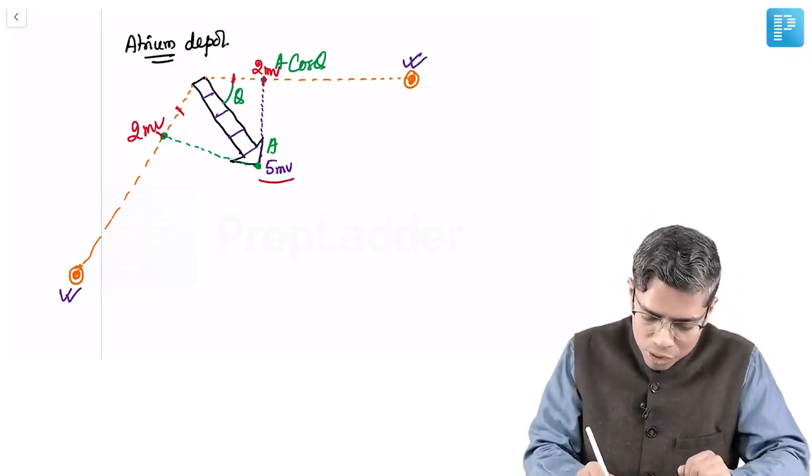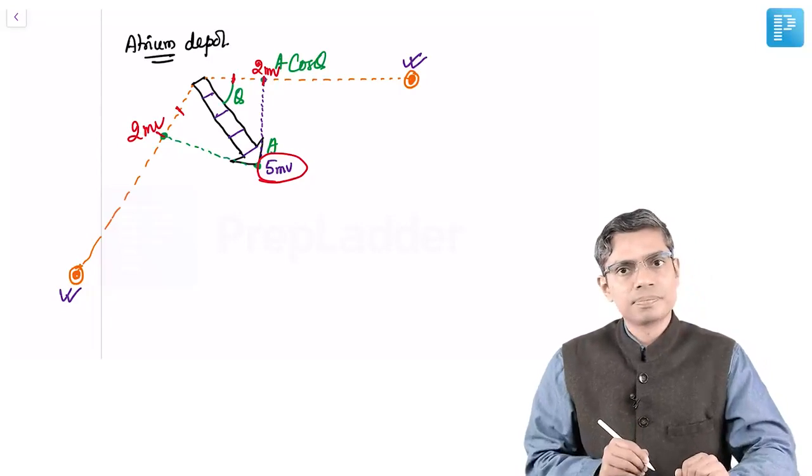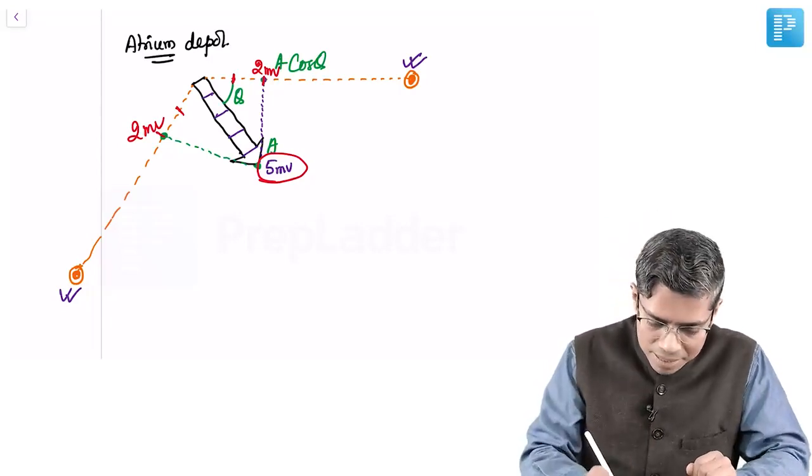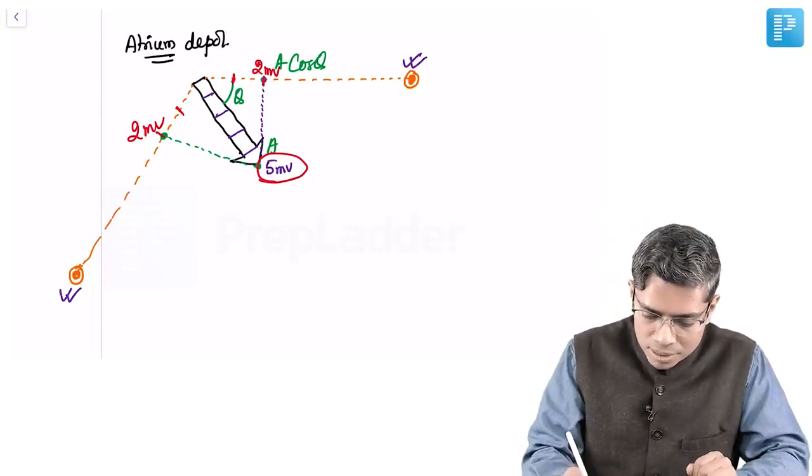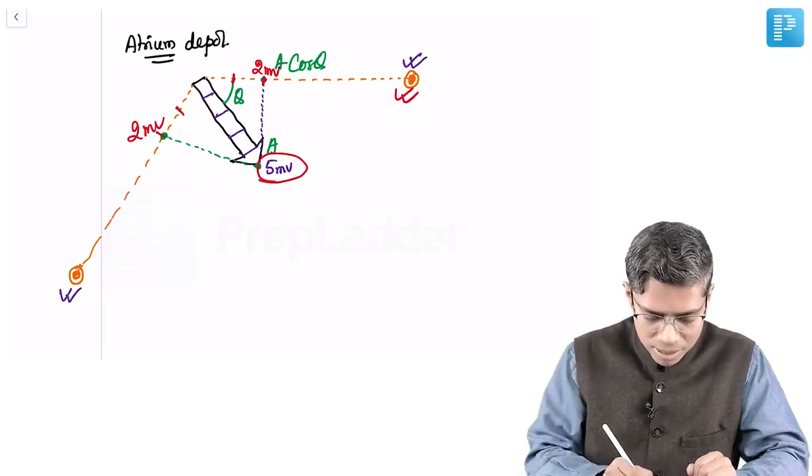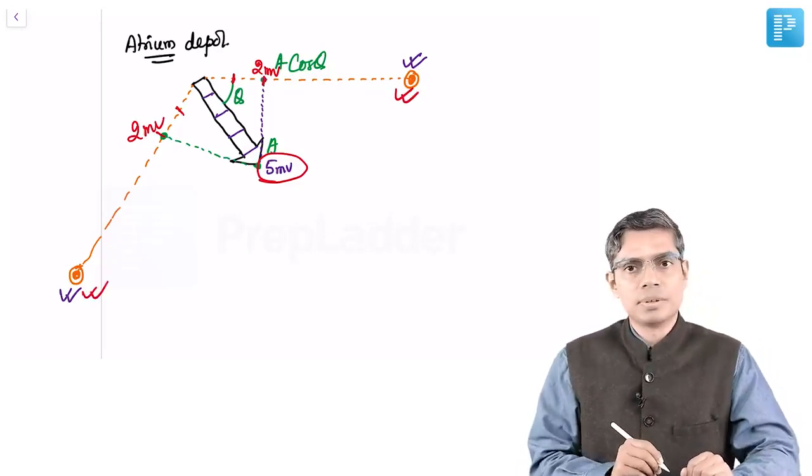So what is the net amplitude of this voltage vector? 5 millivolt. And if I resolve this voltage vector towards this lead, that is 2 millivolt, and towards the other lead, that is also 2 millivolt.